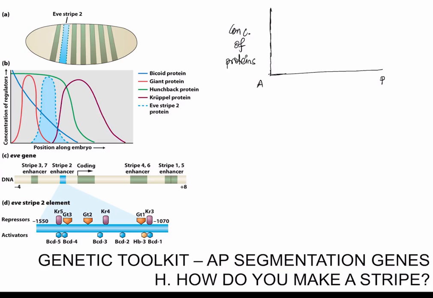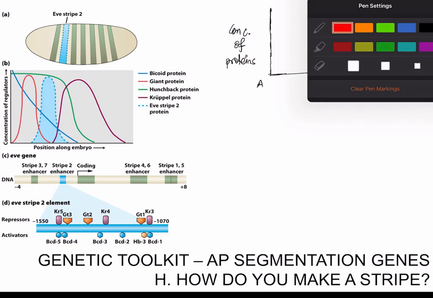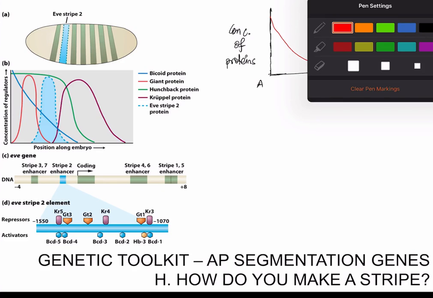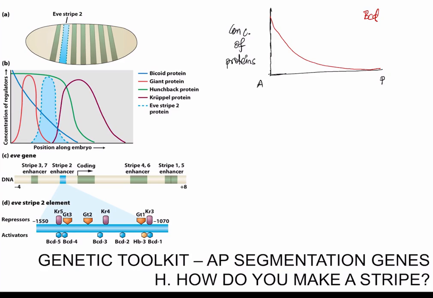And we have Bicoid, which is expressed like this in this gradual gradient. So in red we have Bicoid, and in orange we have hunchback, and hunchback is expressed in the anterior half of the embryo, and it is not expressed in the posterior half of the embryo.